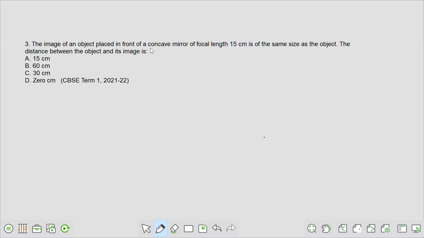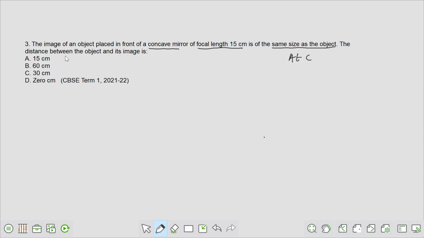It is a concave mirror. The focal length of the mirror is given, and it also says that the image size is the same as that of the object. At which position do you get the same size? Very good, at C. When the object is placed at C, you will get the image at C itself. Then only you will get the same size.